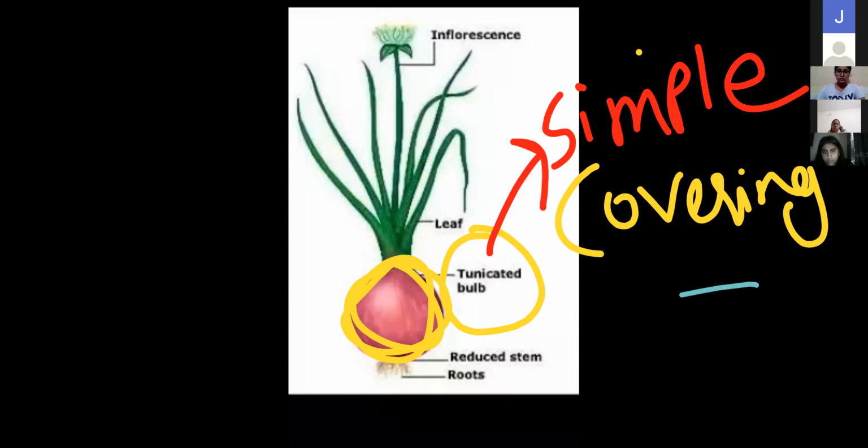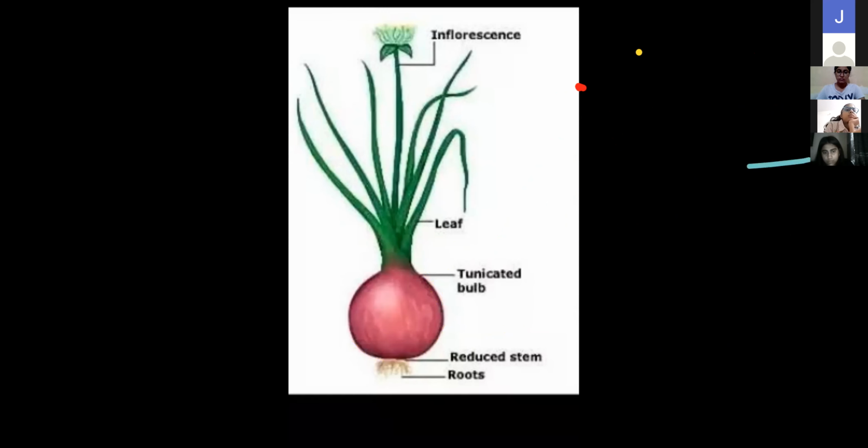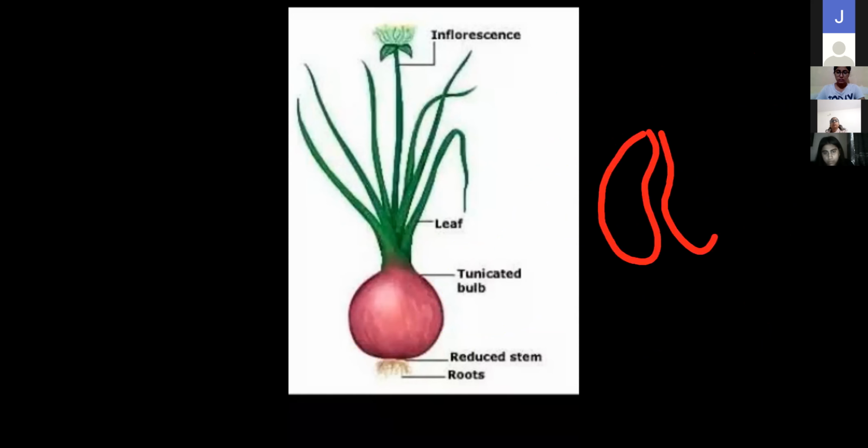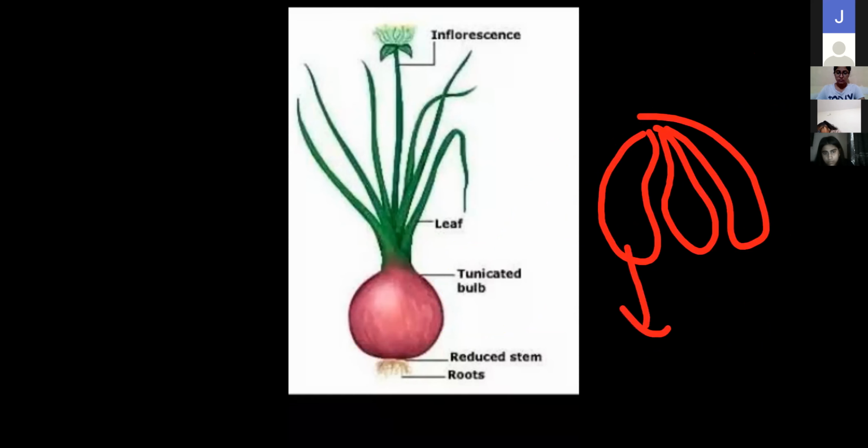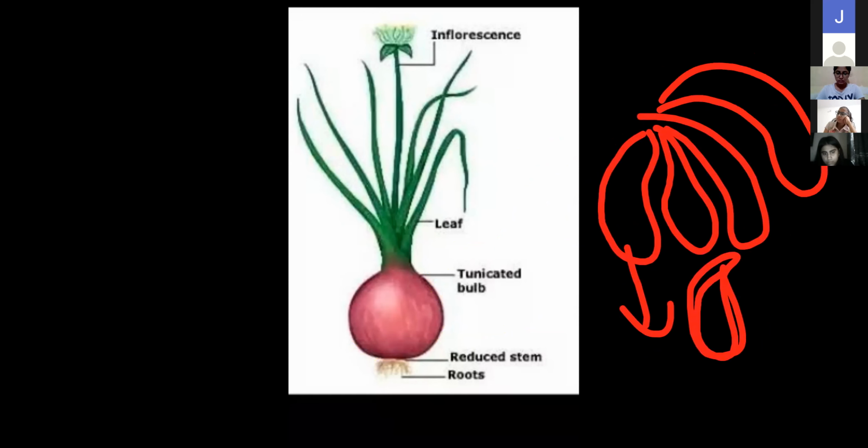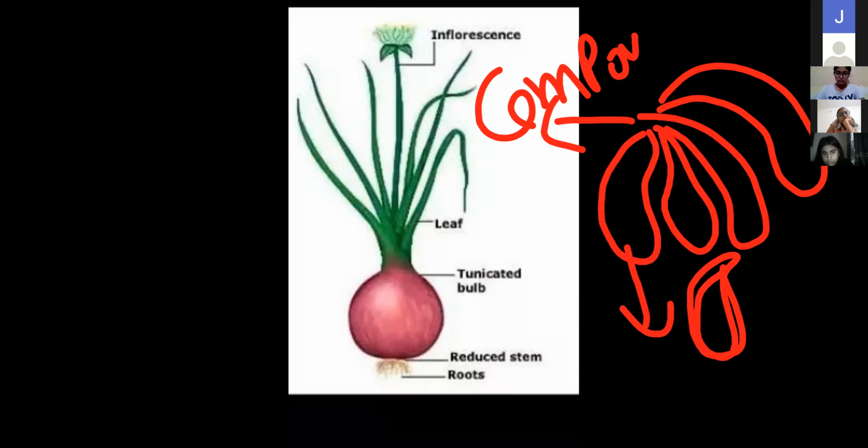Same structure you can observe in case of garlic. In garlic, each clove, in Gujarati we call it lahsun ki kadi, if you take an individual one, has that thin papery structure and inside it the main edible part. Here, so many such bulbs are there, so that's why we call it a compound tunicated bulb.